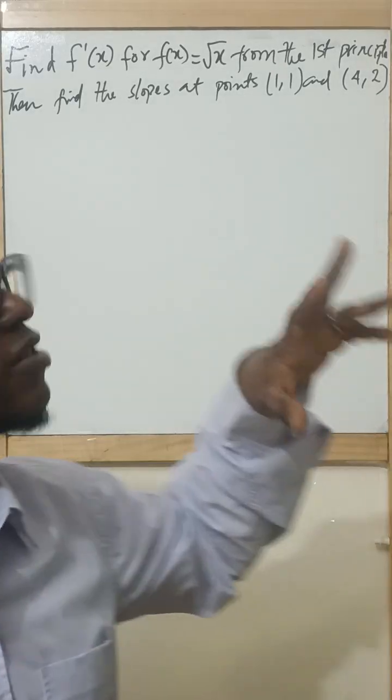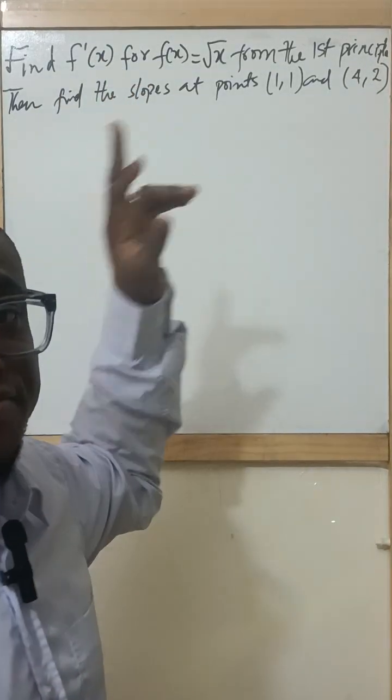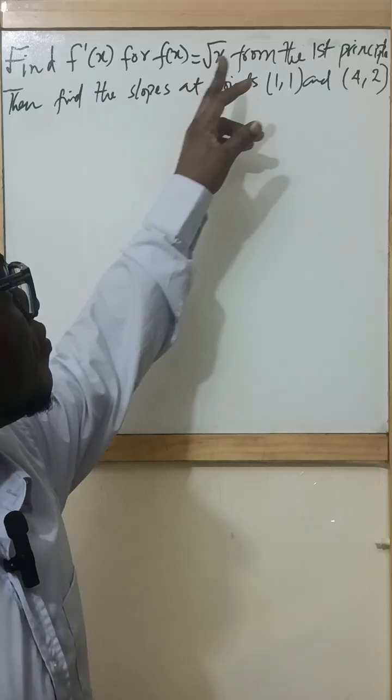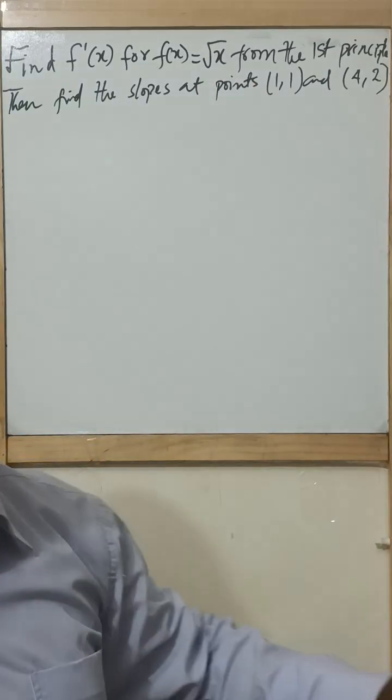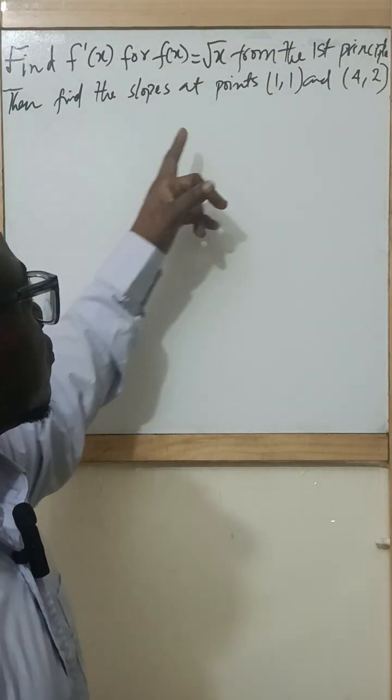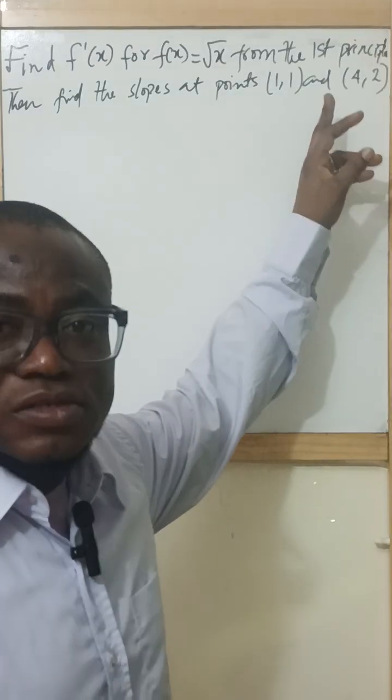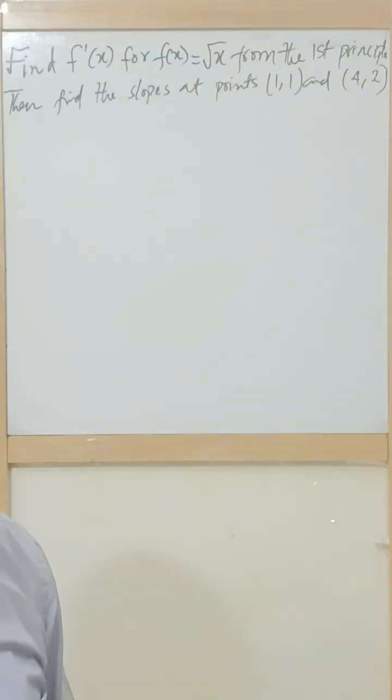So the question says find f prime of x, where f of x equals square root of x, from the first principle. Then find the slopes at points (1, 1) and (4, 2). Right?